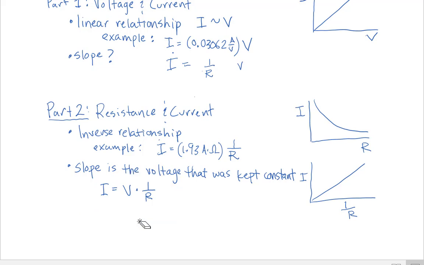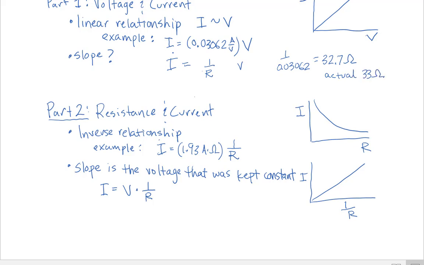So let's look at that. What would I get if I took 1 divided by my slope? If over here I did 1 divided by 0.03062. And if I do that, I'm going to get 32.7 ohms, which the actual resistor that I used was 33 ohms.